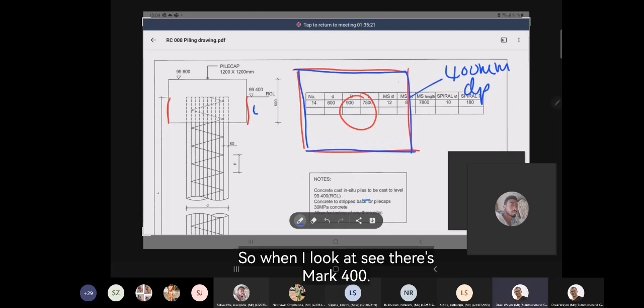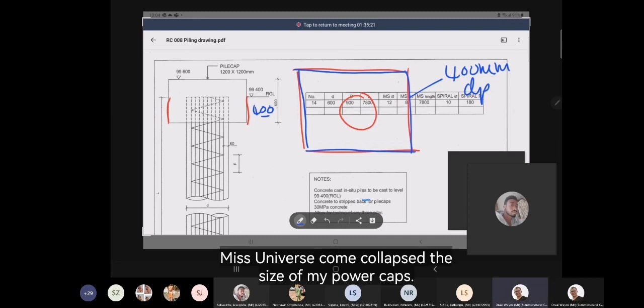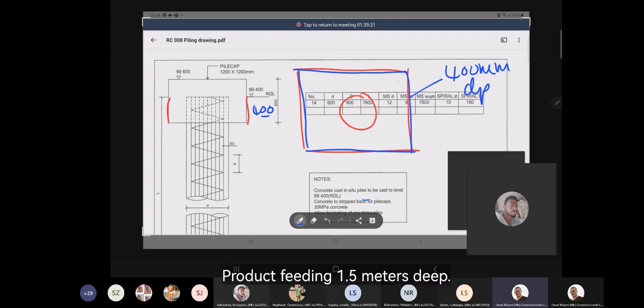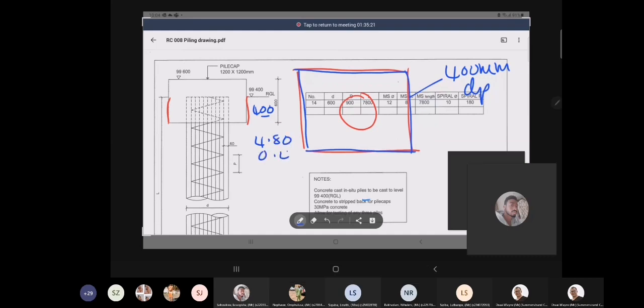So when I look at, and I see there's my 400, I want to measure my risk of collapse to the size of my pile caps, not exceeding 1.5 meters deep. And my dimension would be my risk of collapse.